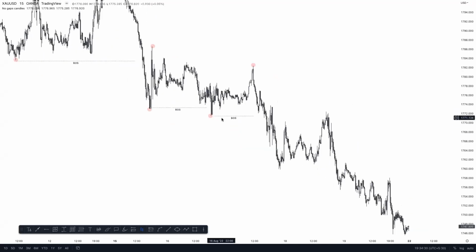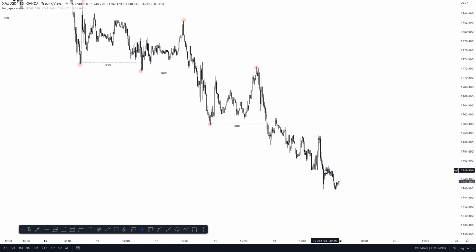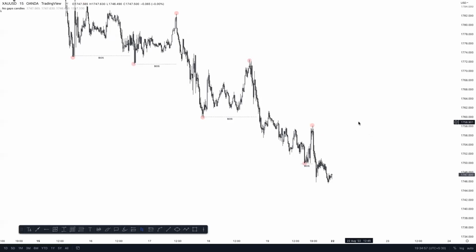So the market is just trying to push downside after taking out the inducement. Same thing happening here, the market breaks the structure to the downside. And the same thing is here. If you can see on this point, this is a new break of structure. And this is a lower low, lower high.